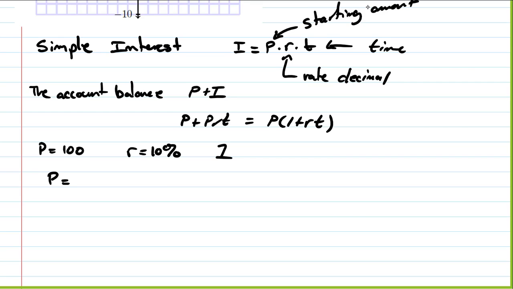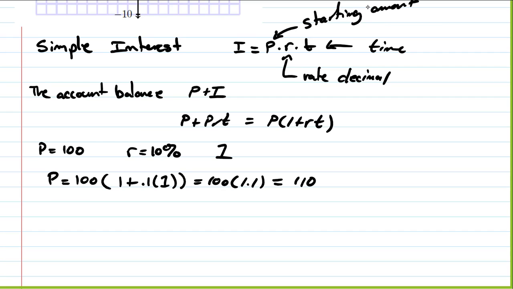Well, the balance is going to equal 100 times 1 plus my R, which is 0.1, times my T, which is 1. So that's 100 times 1.1, which is 110.